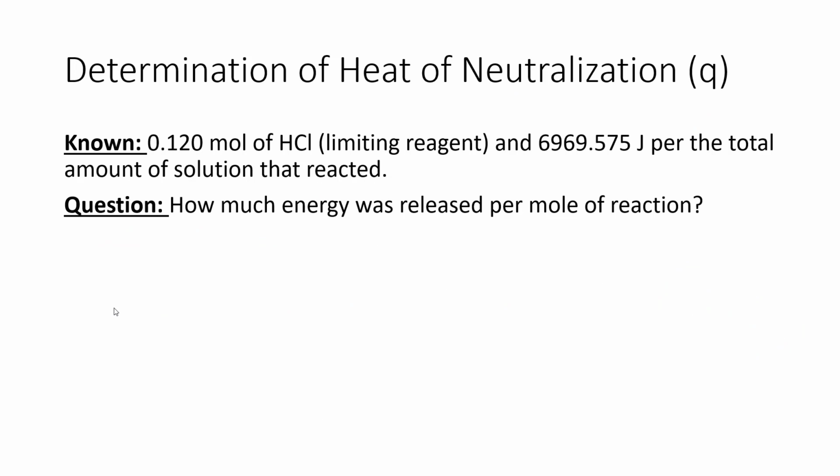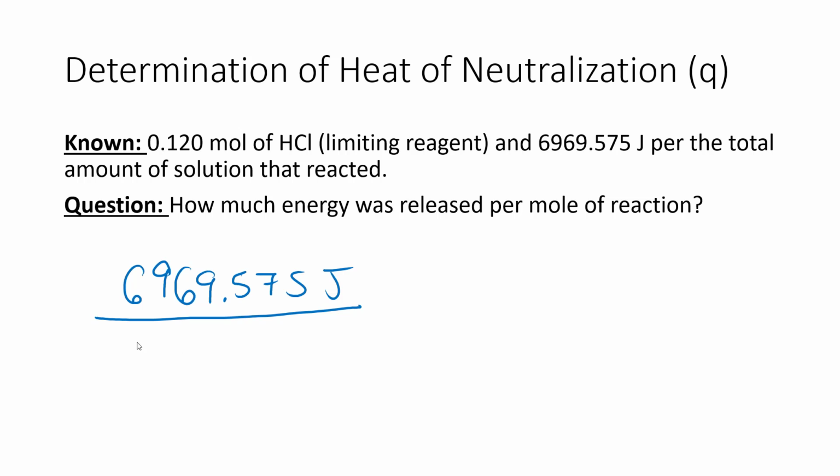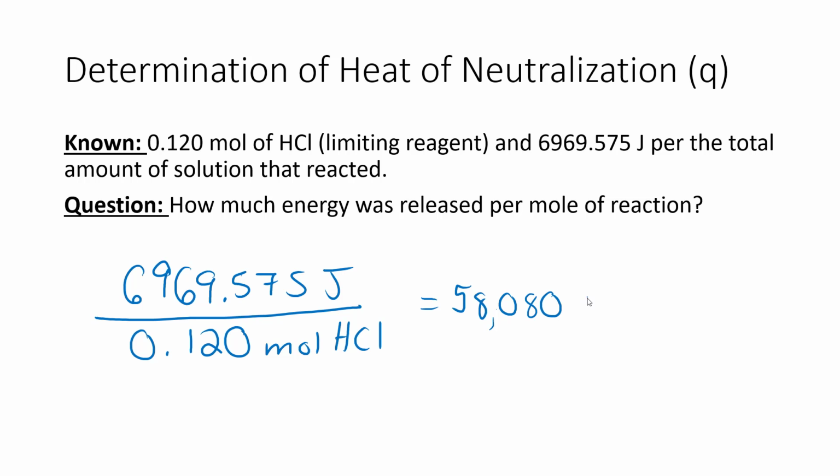So because of that now, I can simply take my Q, 6969.575 joules, and I can divide it by the amount of moles that reacted in my coffee cup. If I do this math, that's going to tell me I get 58,079.79 or 80, and that is joules per mole.